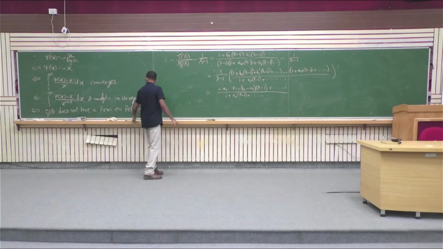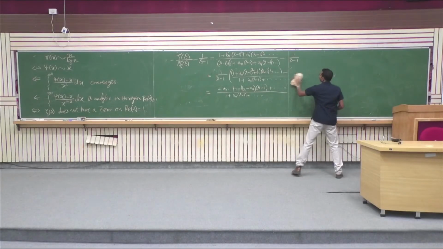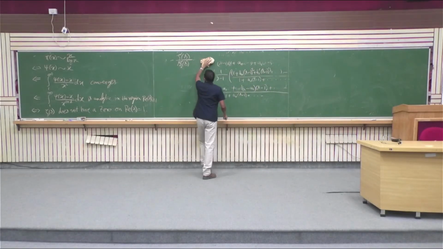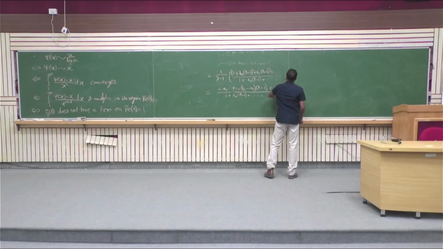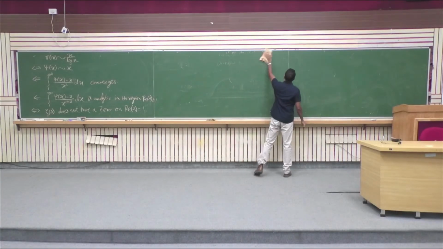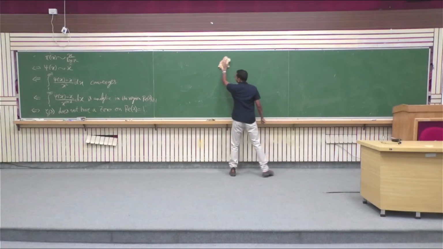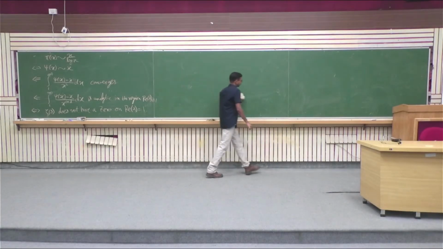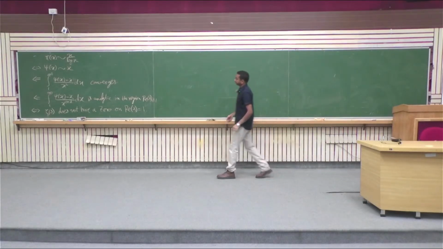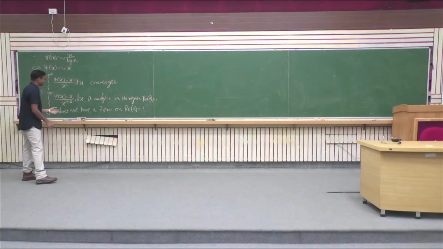This actually becomes the crux of the proof, that we have to show that this is not having a 0 on this line.